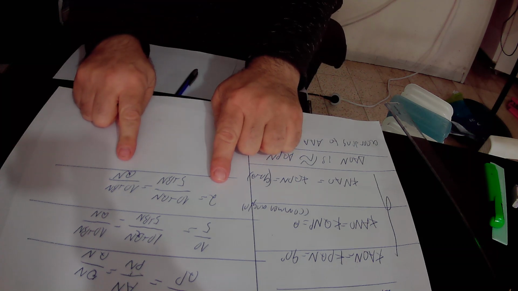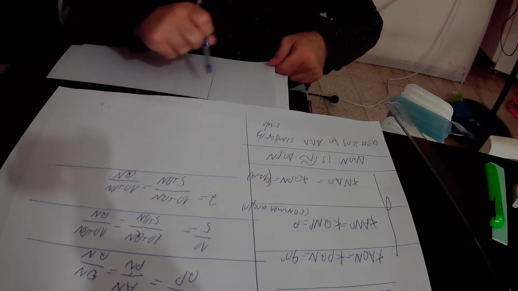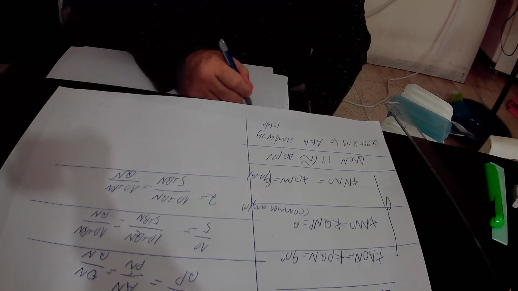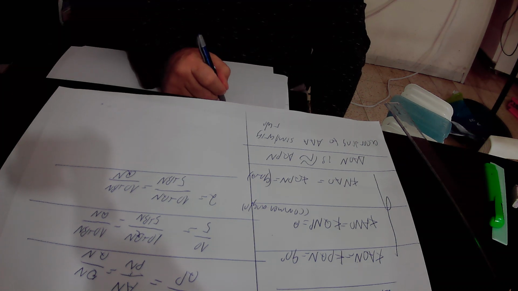Those two sides are also equal to each other, therefore we get equation number 2 from those two sides. So according to equation number 2, 2 equals 10 plus BN over QN.